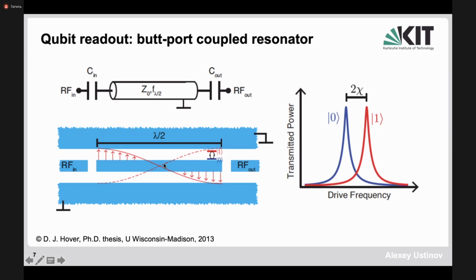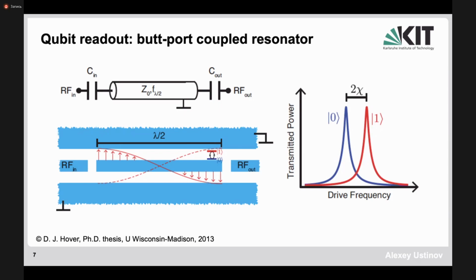For the fundamental mode, which corresponds to the lambda half mode, the resonator oscillates at a frequency which corresponds to a wavelength twice the length of the resonator. In this case, in the middle, you have the node of the electric field, which means zero amplitude of the AC electric field, and correspondingly maximum amplitude of the magnetic field.